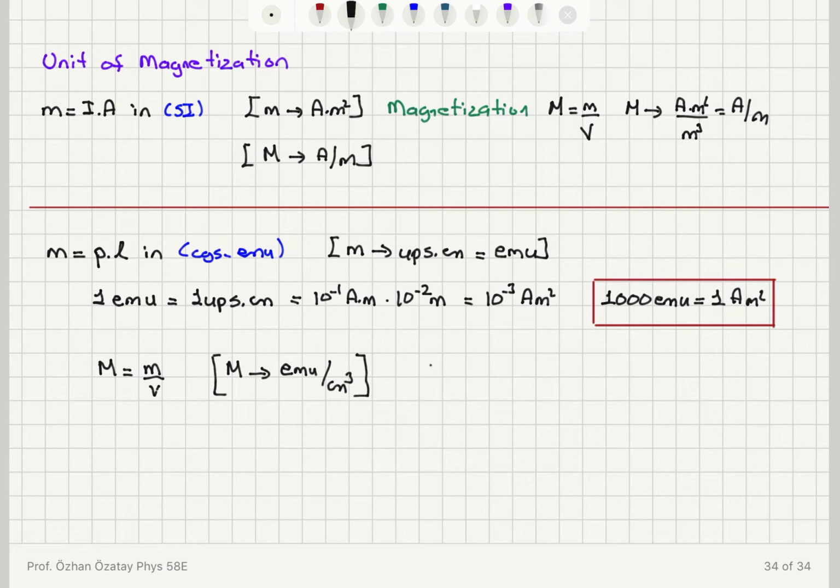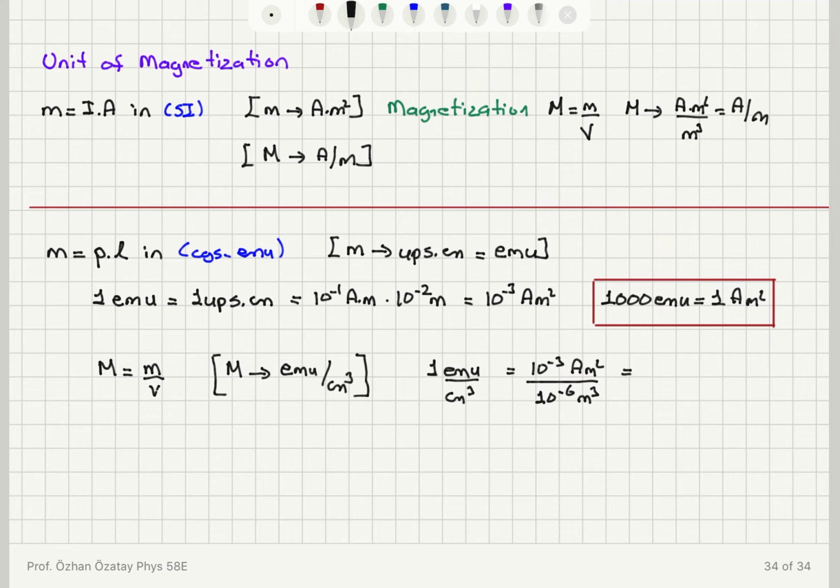So if you have 1 EMU per centimeter cube, that means 1 EMU is 10 to minus 3 ampere meter squared, and 1 centimeter cube is 10 to minus 6 meter cube.